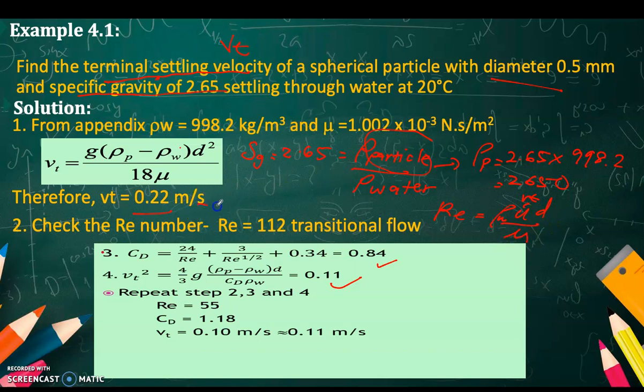That is why you need to get Vt first, and only then can you determine the Reynolds number. By substituting the value of Vt, you get 112. Repeat the step and finally you get this value.